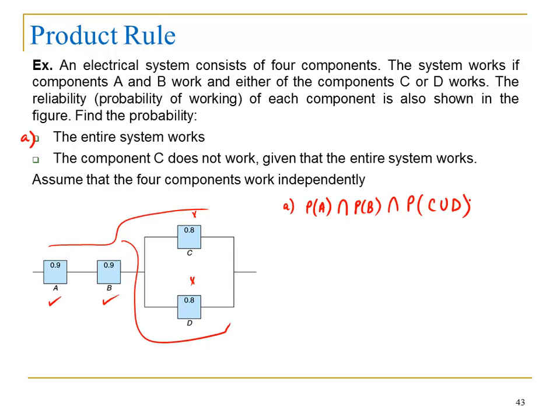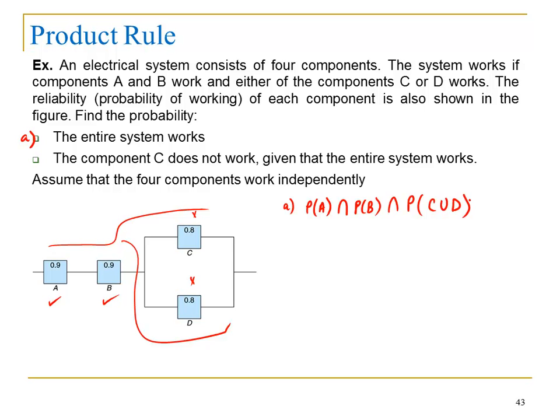Yeah, we're looking at A first. Well, there are two different problems. The first one is just in general, the entire system to work. That means that one of these two components needs to work. And these two have to work, and one of these two needs to work.